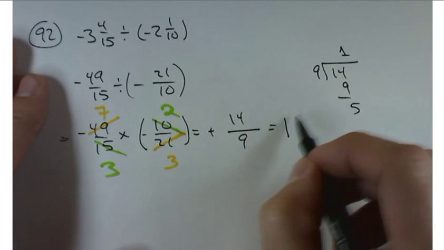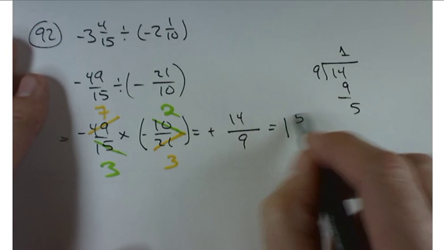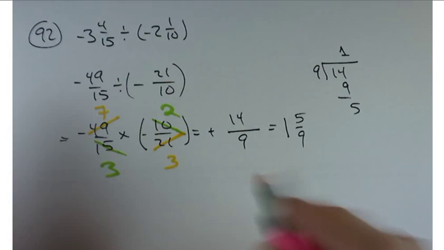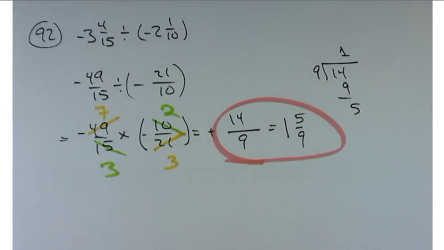So 1 and 5/9. Either of these is going to be fine unless I specifically say I want a mixed number or an improper fraction. Then just give me whatever I ask for. But typically, my biggest concern is that I get something in lowest terms. So, we okay with that?